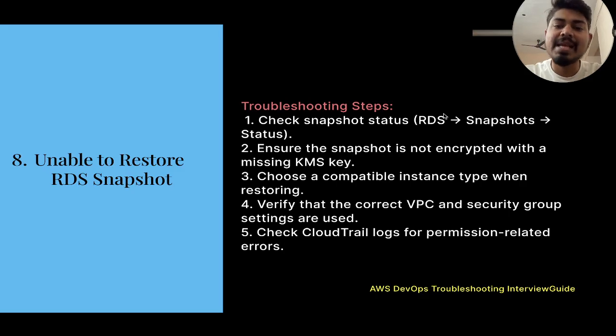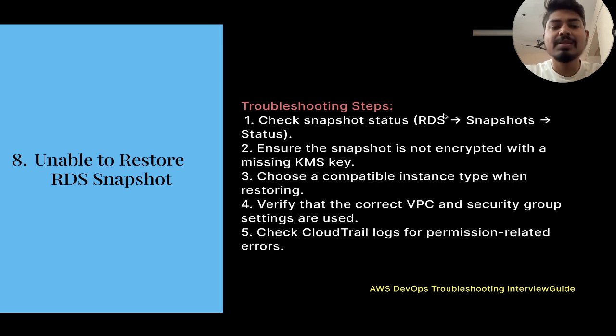Second, ensure the snapshot is not encrypted with missing KMS keys. For encryption of anything in AWS, we are using KMS keys.